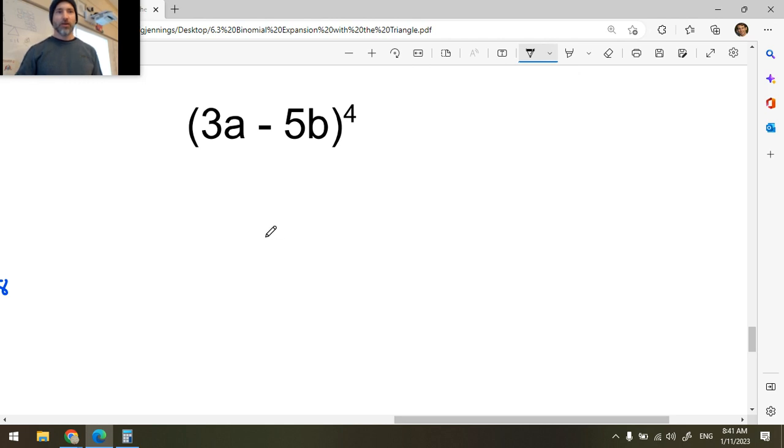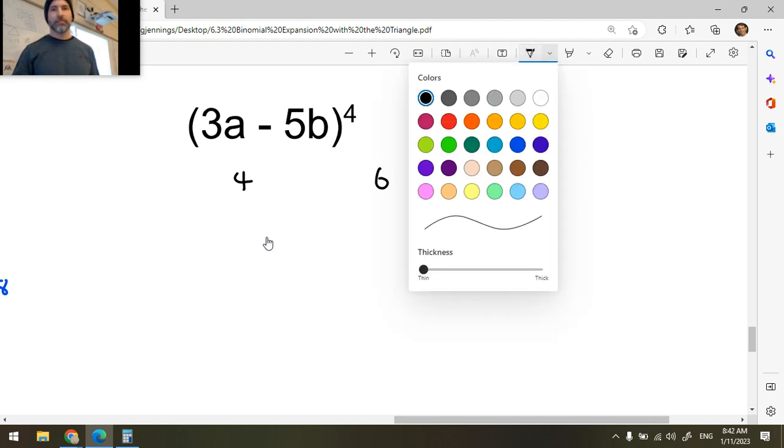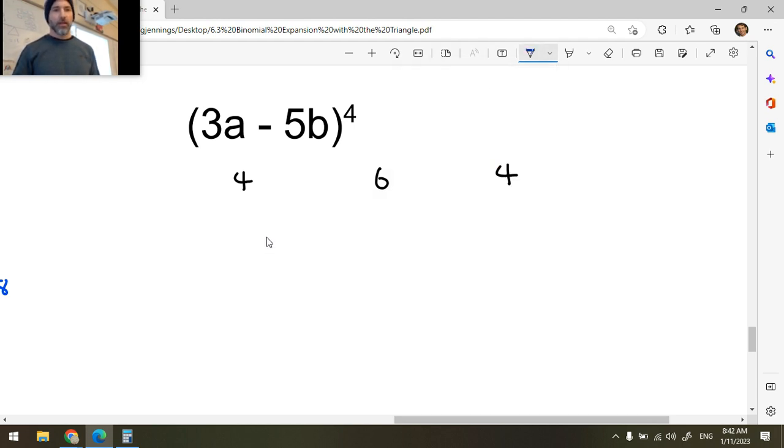All right. So I remember these numbers as 1, 4, 6, 4, 1. I don't intend to write down the ones. Okay. And then I'm going to have this one over here. This time I'm going to put these in brackets. 3a, put it in brackets, to the 4, minus 5b to the 0. Okay.